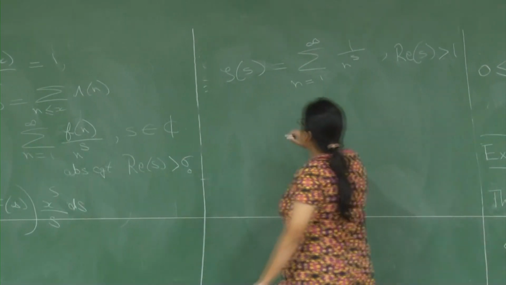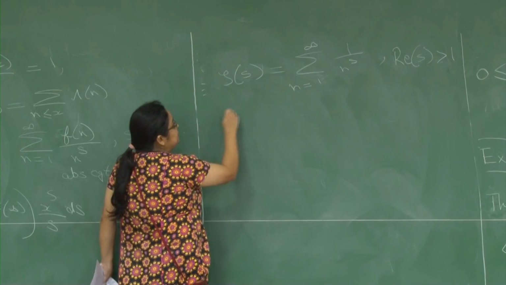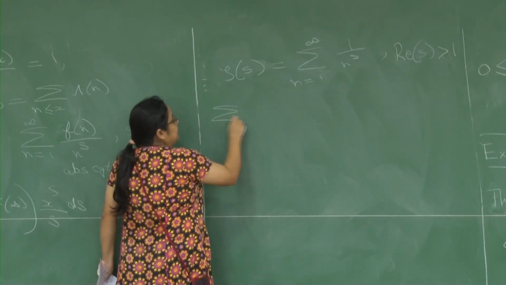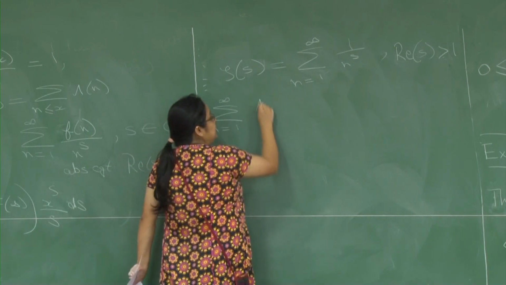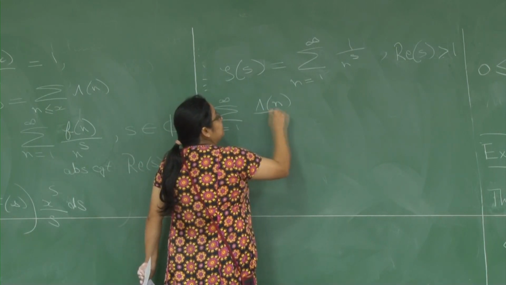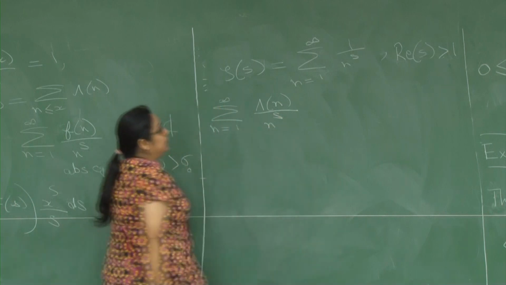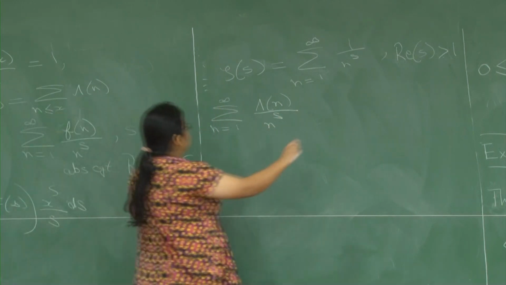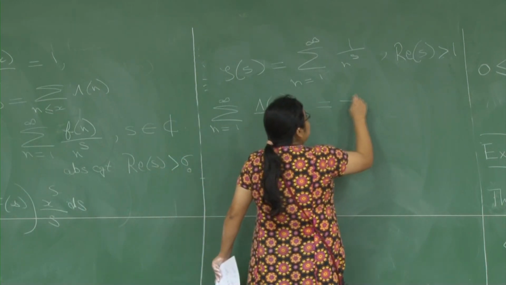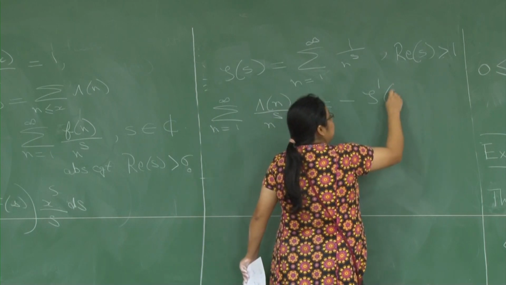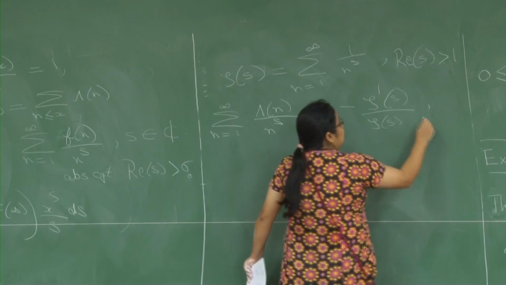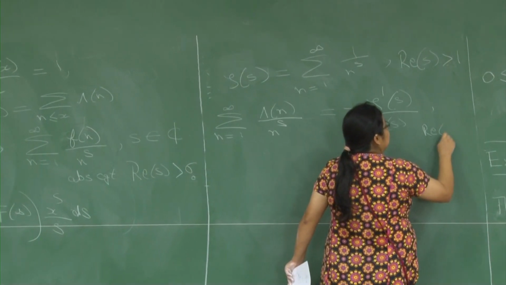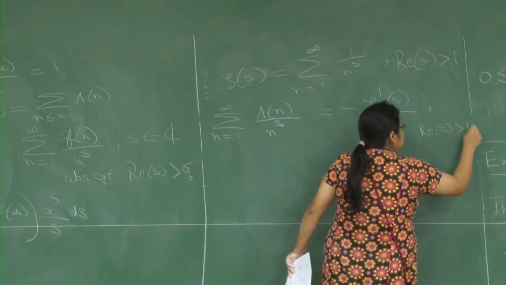And it turns out that in exactly the same region, the summation of lambda of n over n to the s, n going from 1 to infinity, is equal to minus zeta prime of s over zeta of s, for real part of s greater than 1.